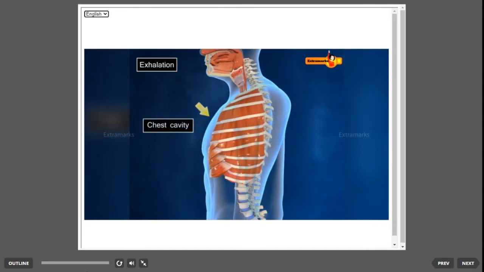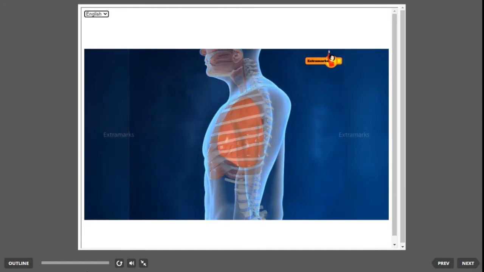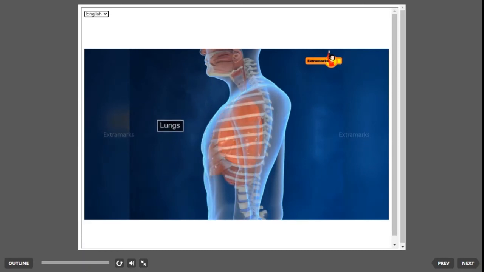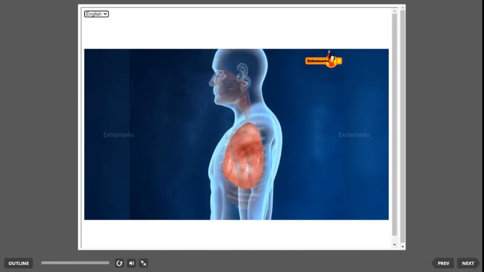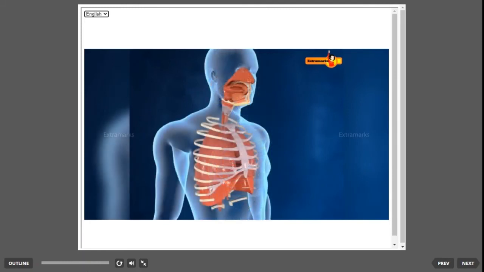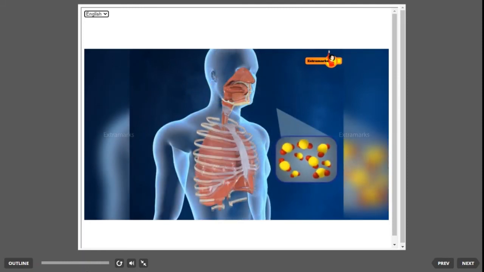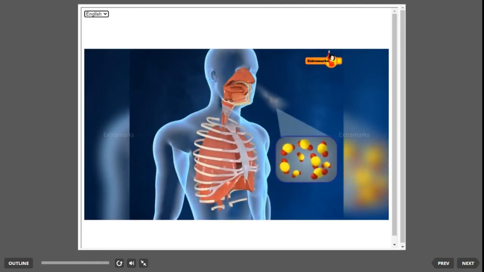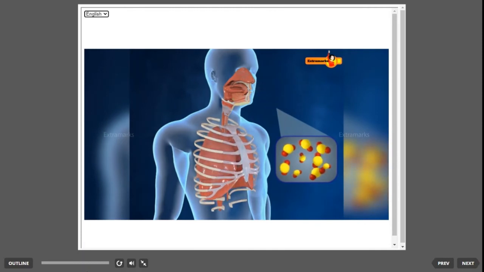Consequently, the volume of chest cavity decreases and the pressure inside the lungs increases. This results in the shrinking of the lungs, and air is thrown out of the lungs through the air passages into the external environment. Exhaled air is rich in carbon dioxide, which is a waste product of cellular respiration.